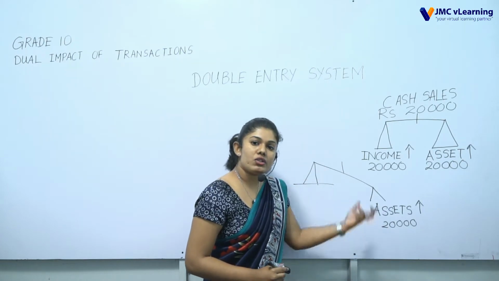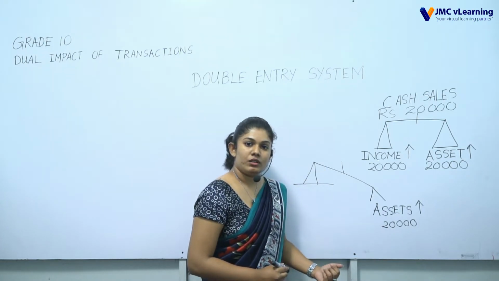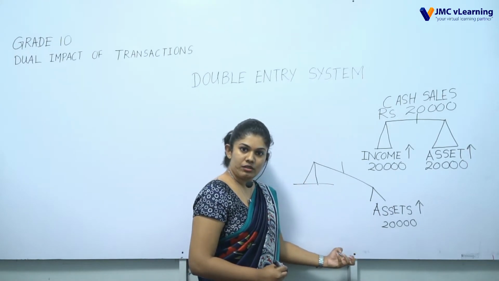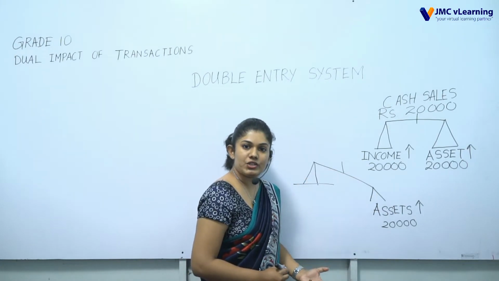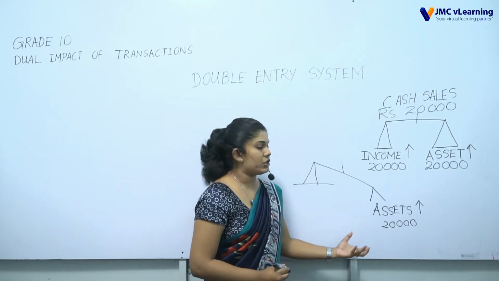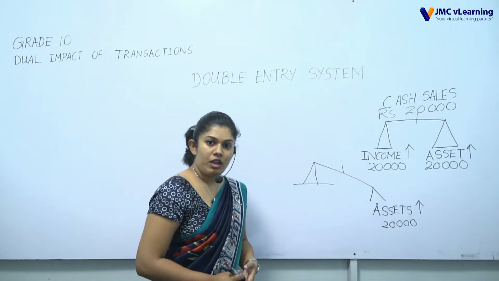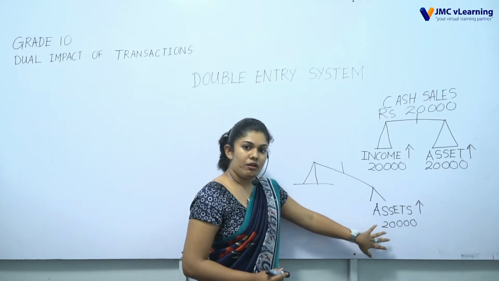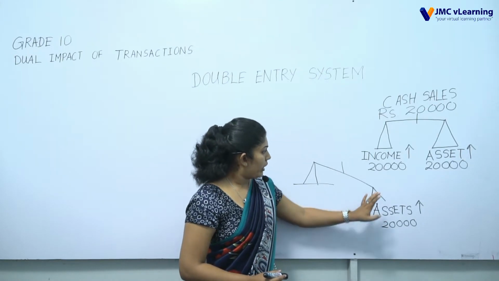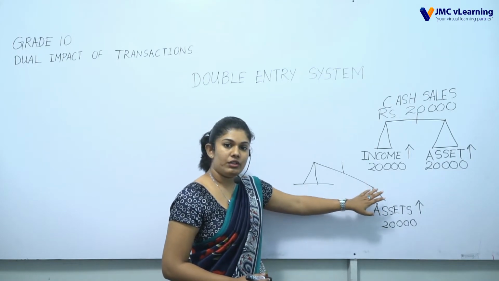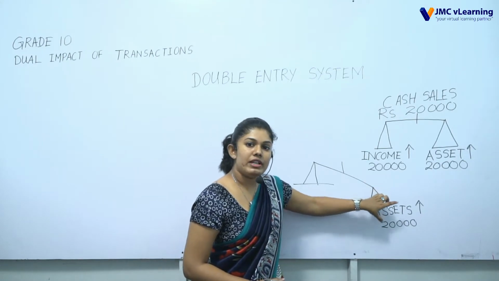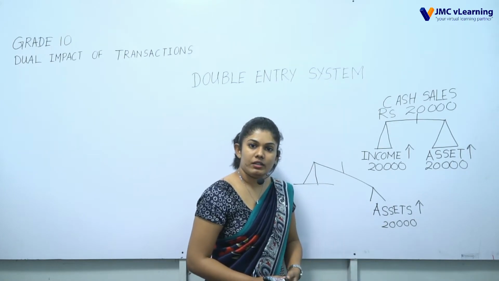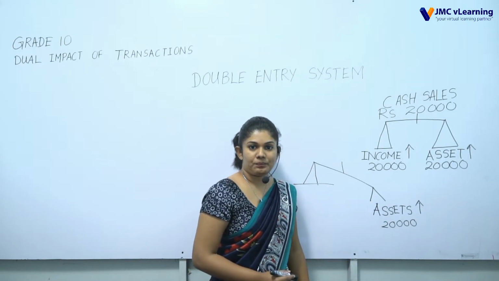What is the source of income? You won't know how we got this cash. For any transaction, it is similar. If you record only one side, we won't know how we got this. If it is an expense, we won't know how we spent this money, to whom we paid it, or what happened to this money.